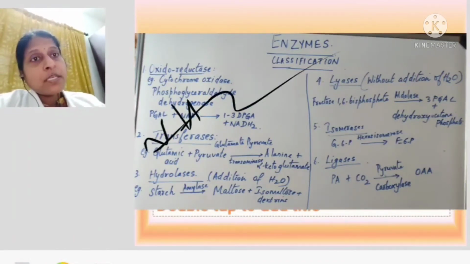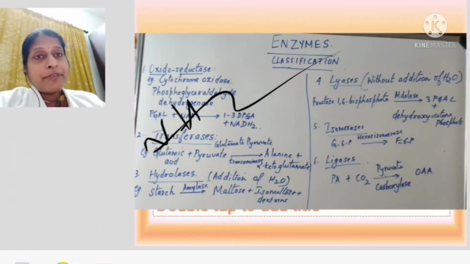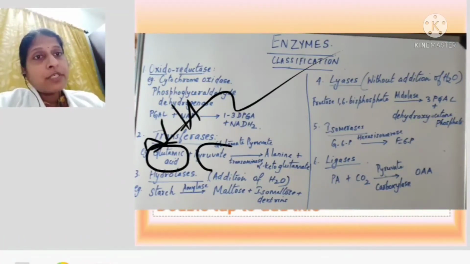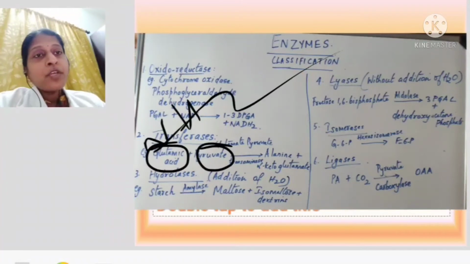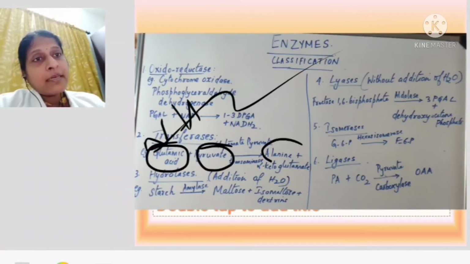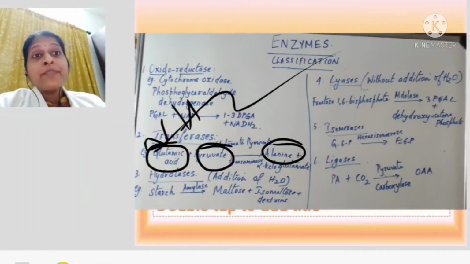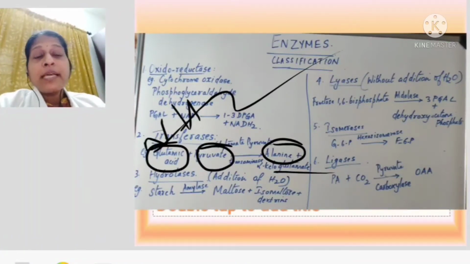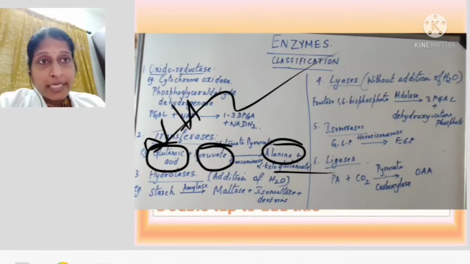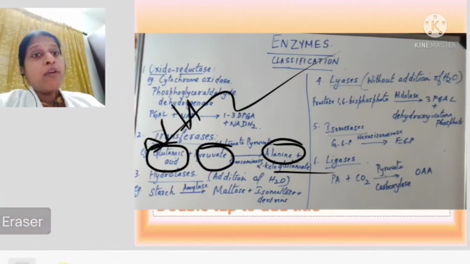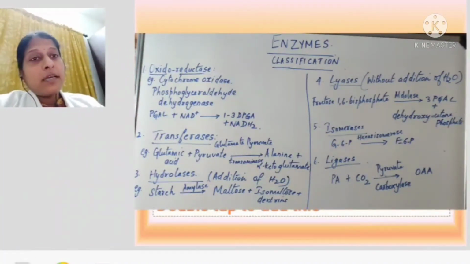Amino you have learned, isn't it? When you learn amino acids you will have learned it. So this amino group from glutamic acid is transferred to the pyruvate. Okay. So what will happen? The reaction will take place and you will form what? Alanine and alpha ketoglutarate. Okay, ketoglutarate will be formed. So here what is happening?